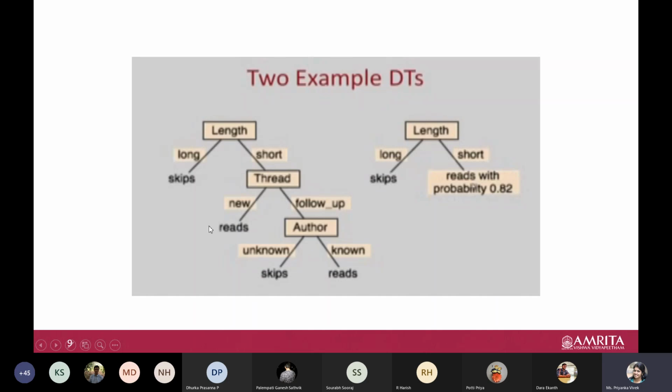So in this case, can one of you say what this is actually doing? What is the problem with this kind of tree? Anyone? Just guess, it's okay. Yeah, overfitting, correct.